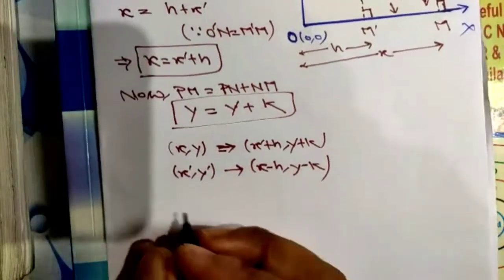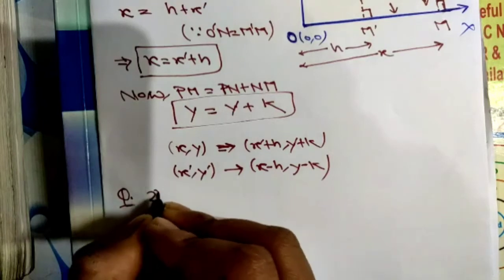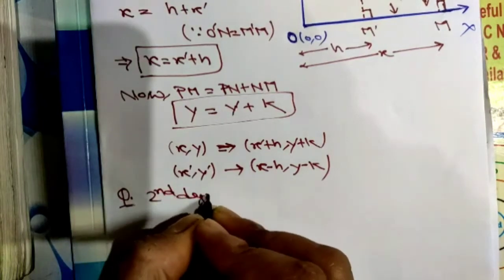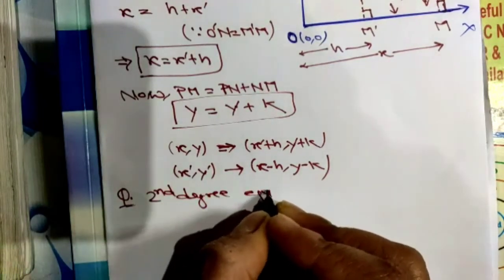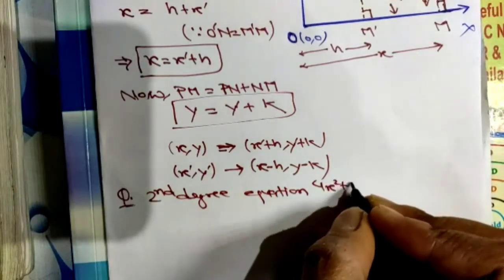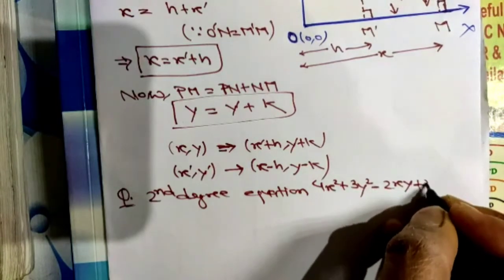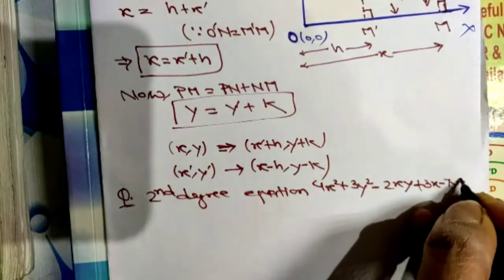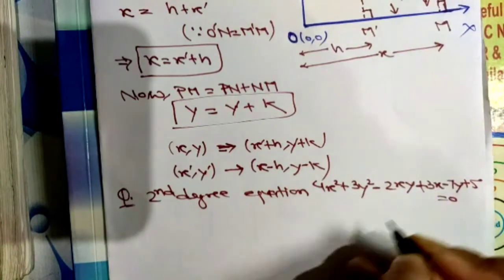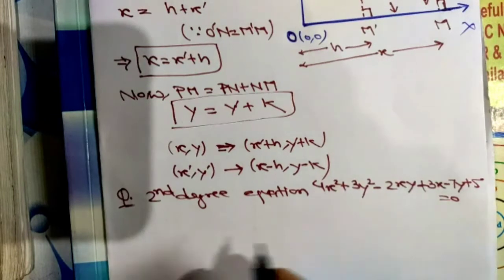Okay, now let's take one question. The second degree equation 4x square plus 3y square minus 2xy plus 3x minus 7y plus 5 is equal to 0, which is the equation of a conic section of second degree.